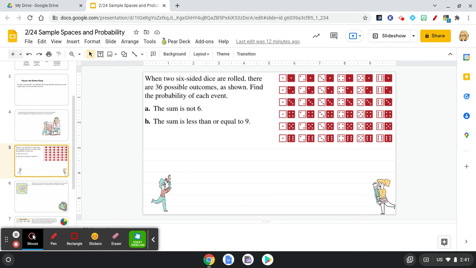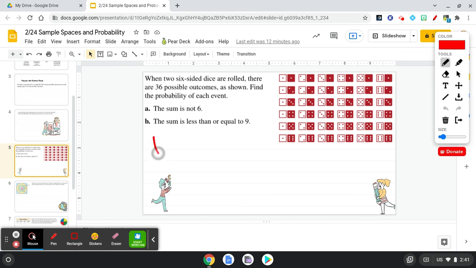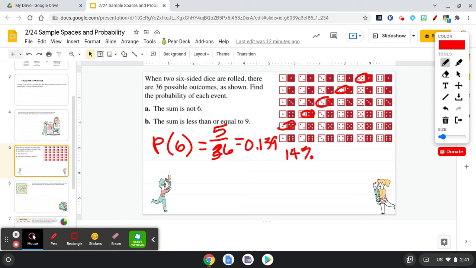So the probability that we roll a 6 is there are 1, 2, 3, 4, 5 out of 36 ways to roll a 6. So 5 divided by 36 equals 0.139. So about 14% chance we're going to roll a 6.